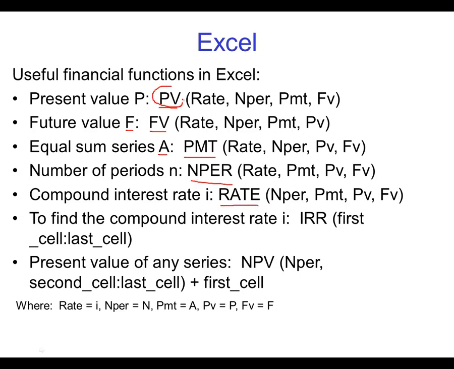So these are the financial functions that you will see in Excel, and that you need to remember. If you don't remember them, then you have to search under financial and look for these different terms, and that will give you the different financial functions that you need.